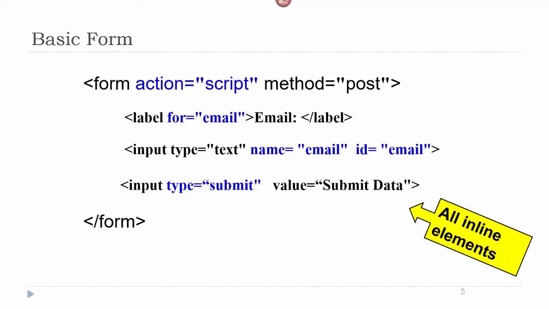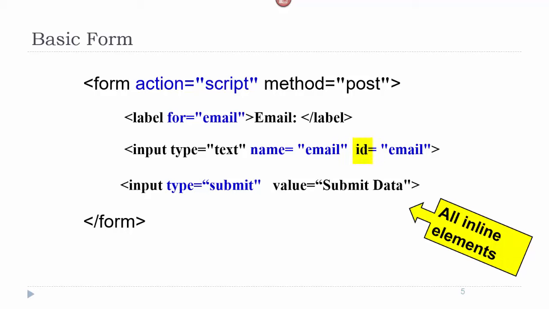So here we have a basic HTML form structure. We start out with the opening and closing form tag, and inside we have our multiple form elements. Every form element should be connected to a label element for purposes of accessibility. Every form element will also have a name attribute to uniquely identify it to the server, in this case, which is PHP.